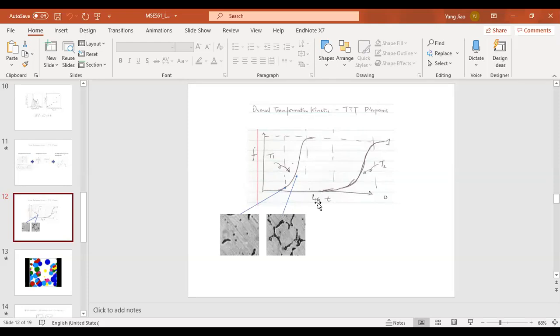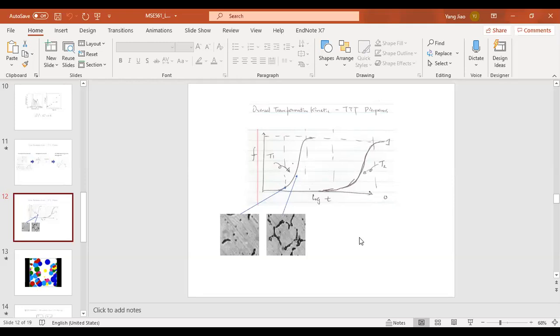So for example, what I'm showing here is one way of presenting the TTT diagram. The horizontal axis is the time axis, but because transformations usually do not work on a linear scale, we use a log scale, though it doesn't really matter. The vertical axis is the fraction of the phase that has transformed.